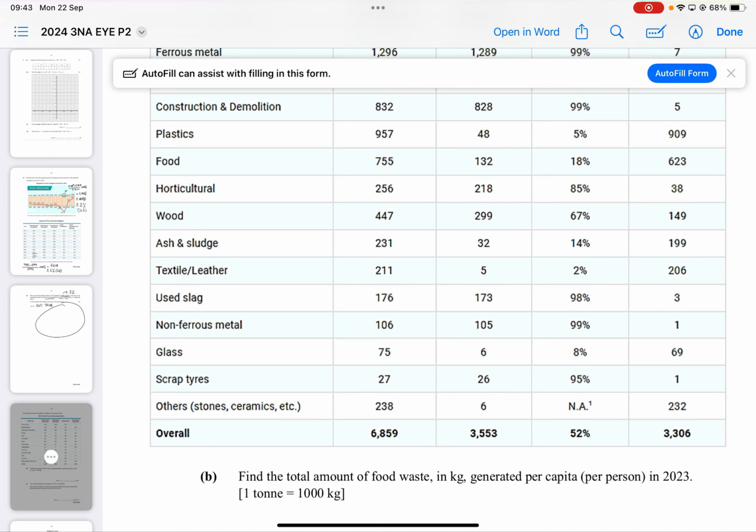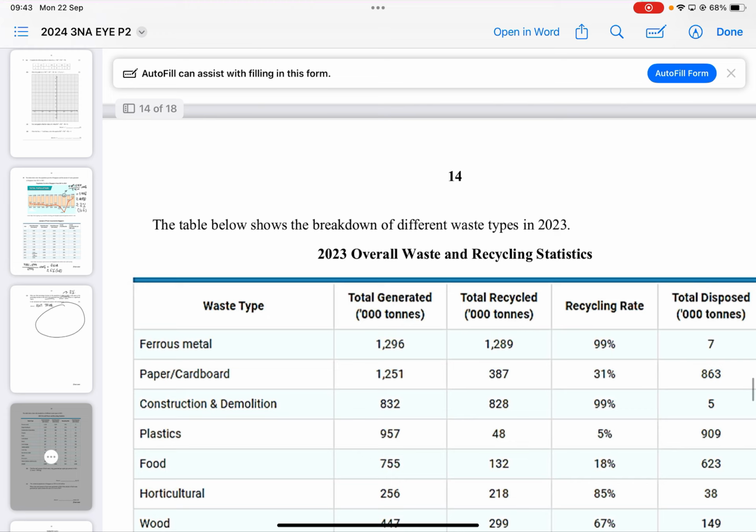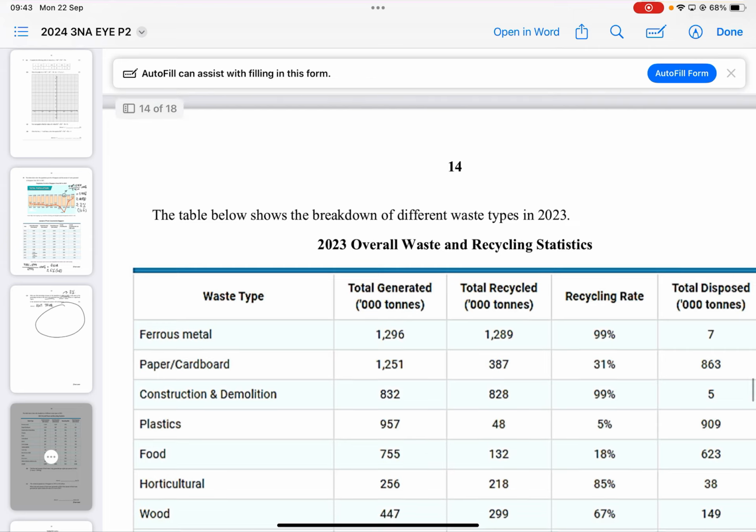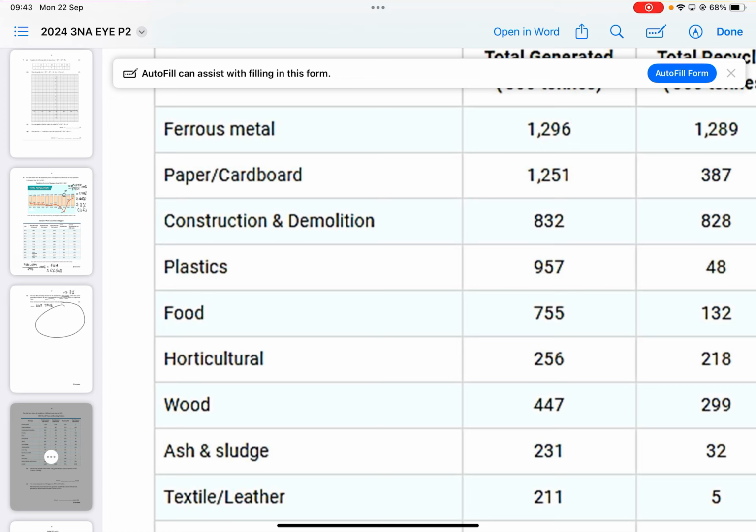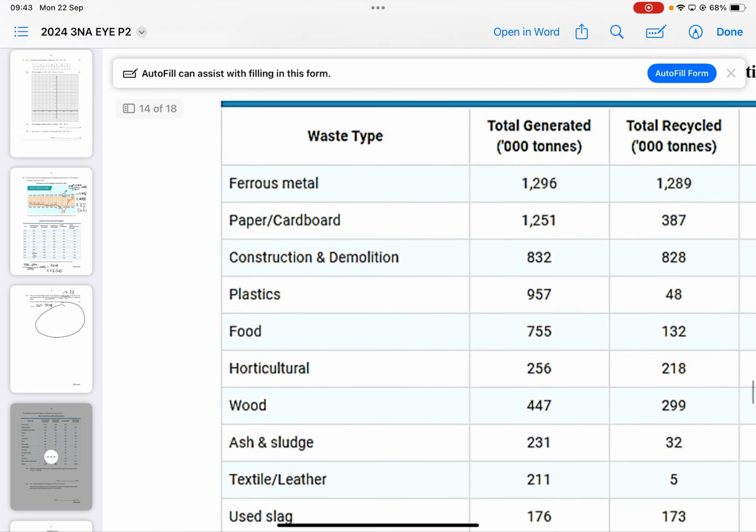Find the total amount of food waste generated per capita in 2023. Then every 1 ton is 1,000 kg. Then this one is 2023. And this one is the total generated. So we go to food. And then this number is what we want. 755,000 tons of food waste is generated in 2023.